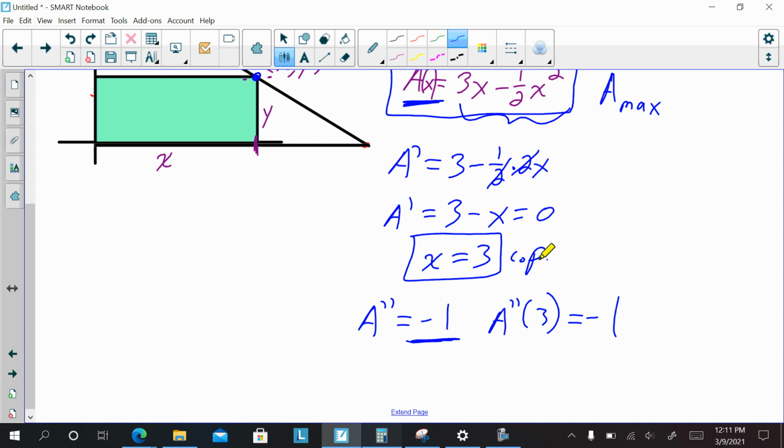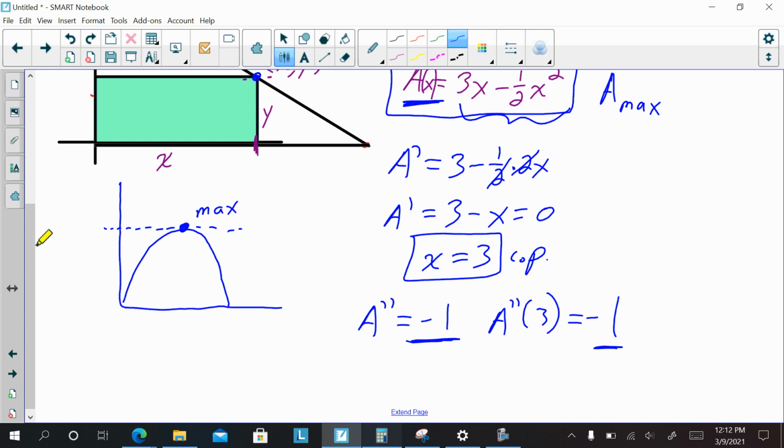Remember what critical points are: that's where our slope is 0. We have a slope of 0 here. Our concavity at that point is concave down. So if we have a critical point and we're concave down, then yes, that point is going to be a maximum.